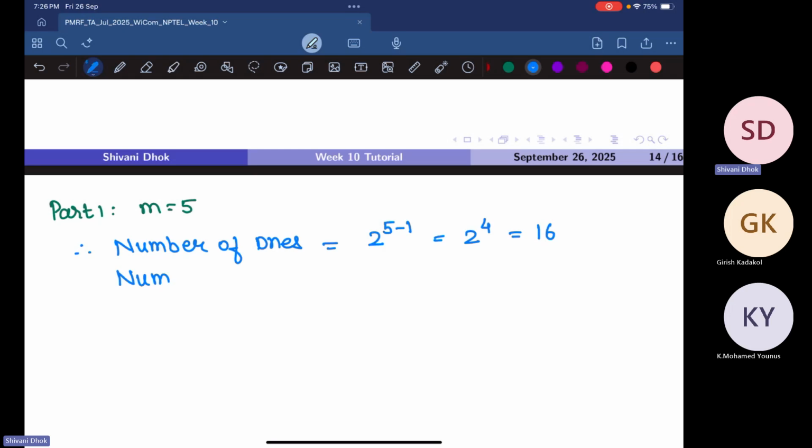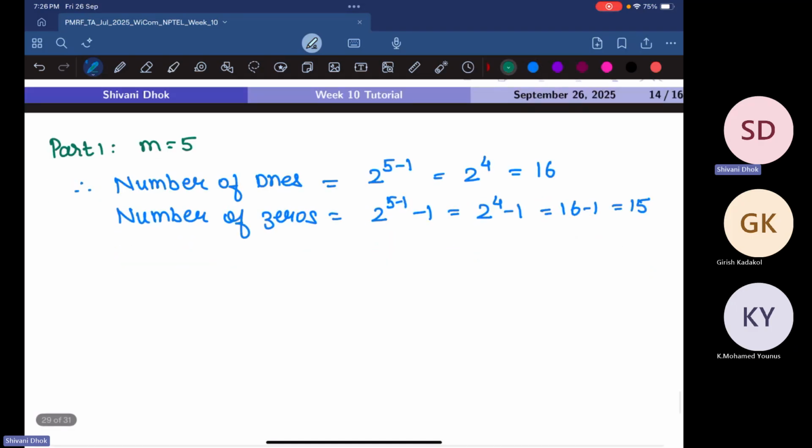And the number of zeros is 2 to the power 5 minus 1 minus 1, that is 2 to the power 4 minus 1, which is 16 minus 1, which is basically your 15.